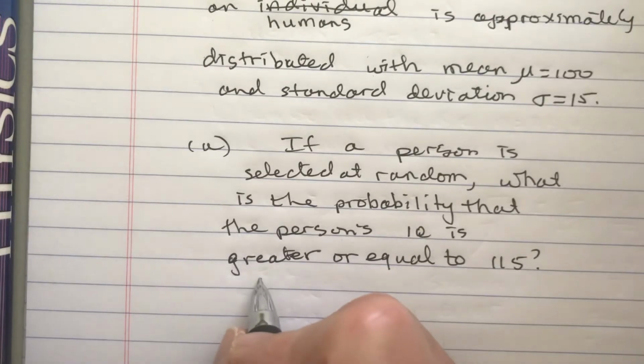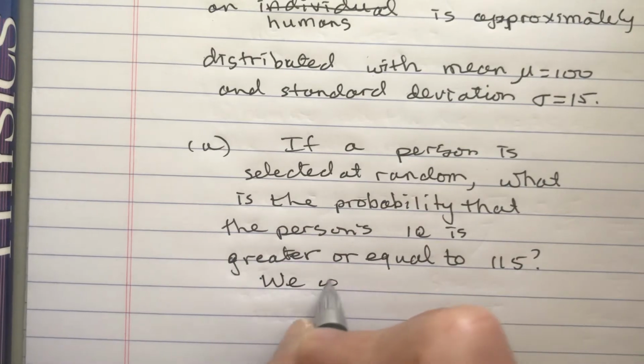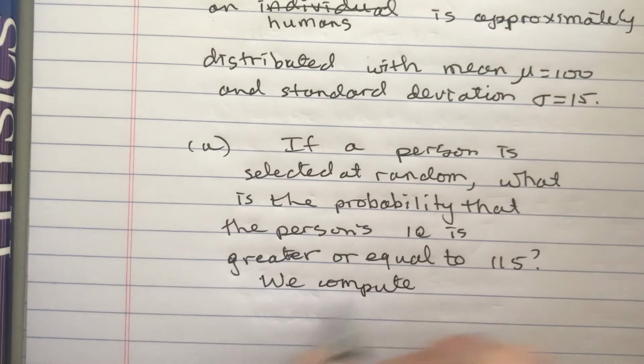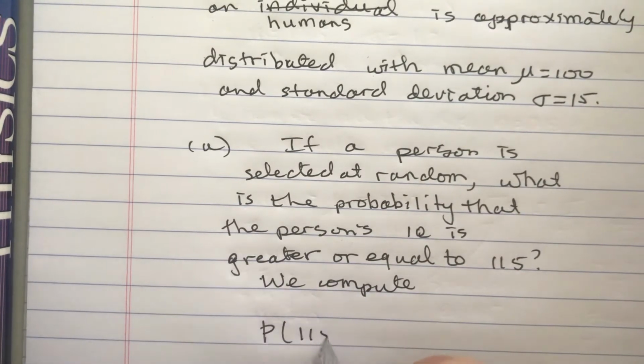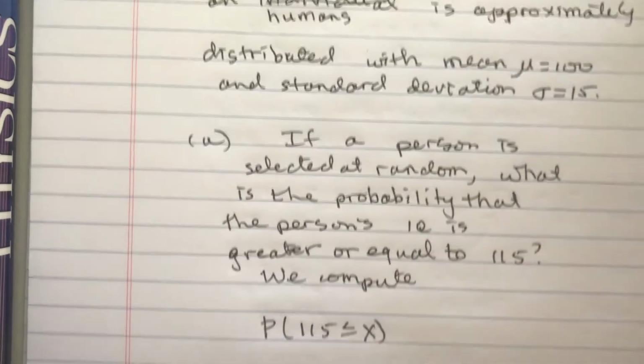Okay, so we compute the probability of x being greater or equal to 115.